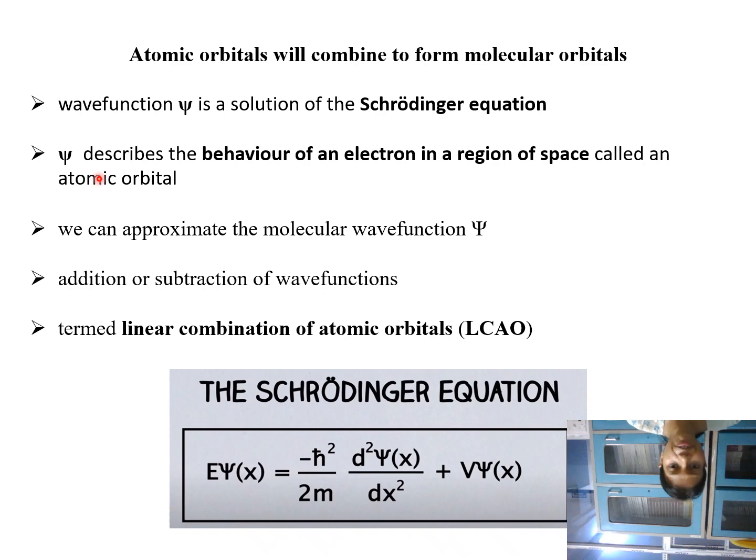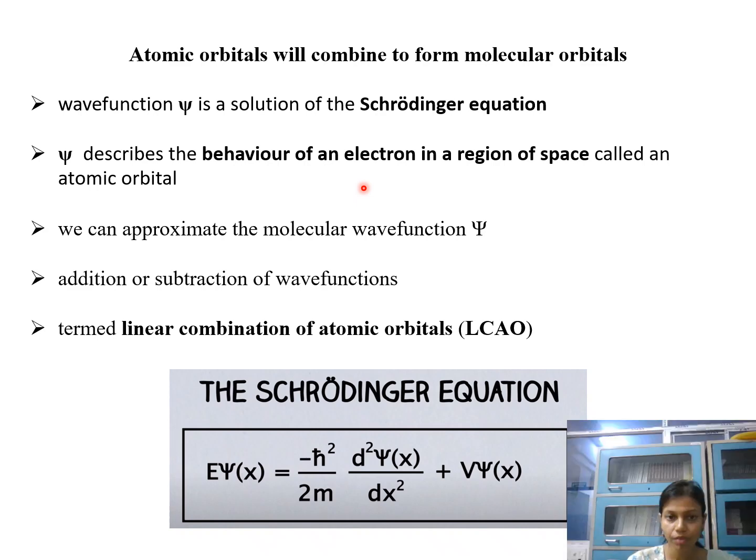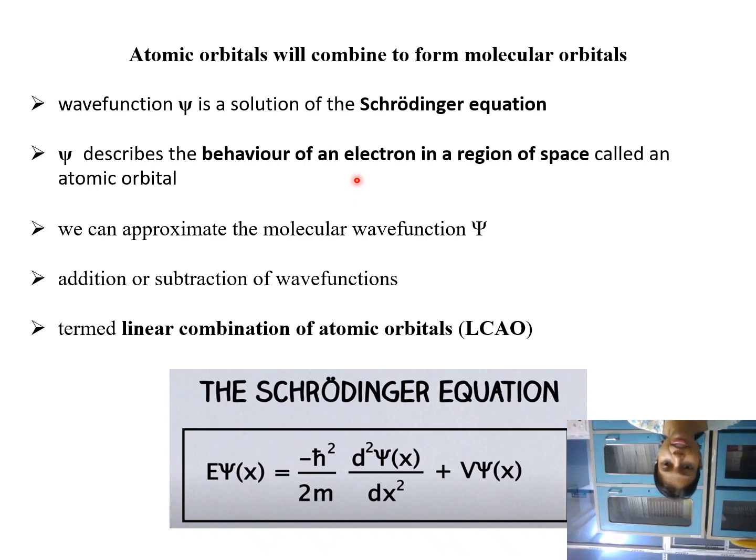So what is a wave function? You know that electrons have both particle and wave nature. So when the electron has this wave nature and is moving in space, determining the behavior of the electron in space gives you the atomic orbital.